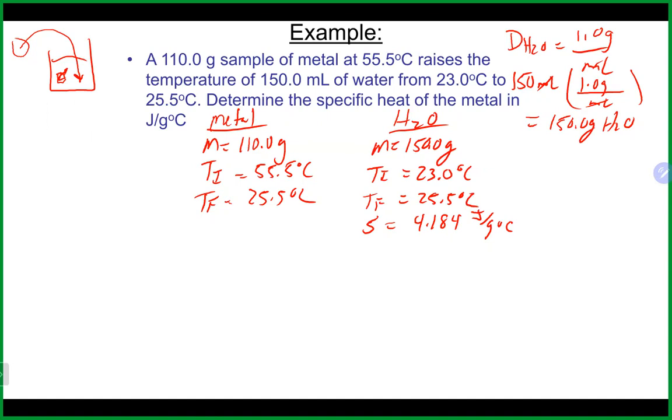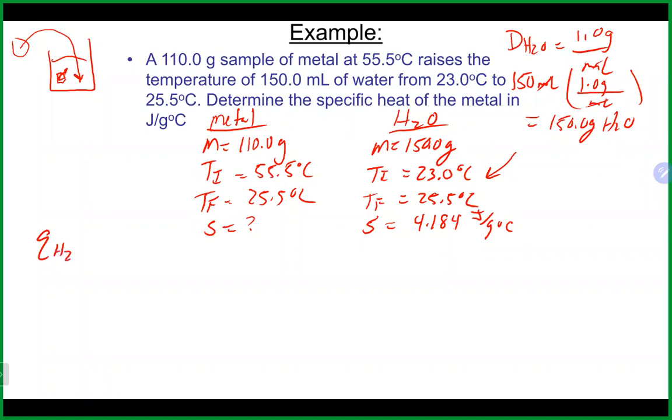Okay. So once again, in this case, we are looking for the specific heat capacity of our metal. And by just using the water, we have enough information to figure out how much energy the water is going to absorb. So that will be our calculation to start with.